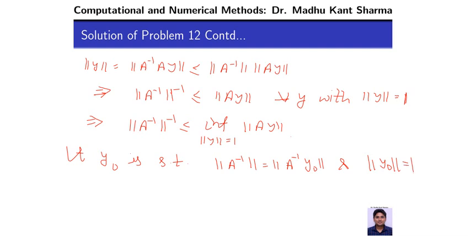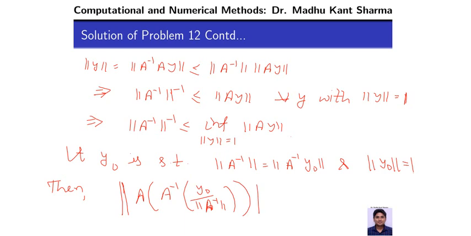Now if you look at this, take y naught by norm of A inverse, and then apply A inverse over it. So A inverse y naught is norm A inverse, and you can verify the following: norm of A inverse of y naught by norm of A inverse is equal to 1.